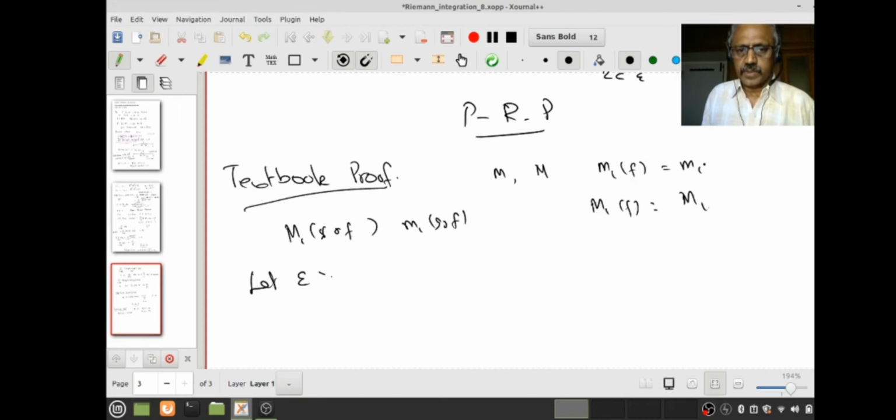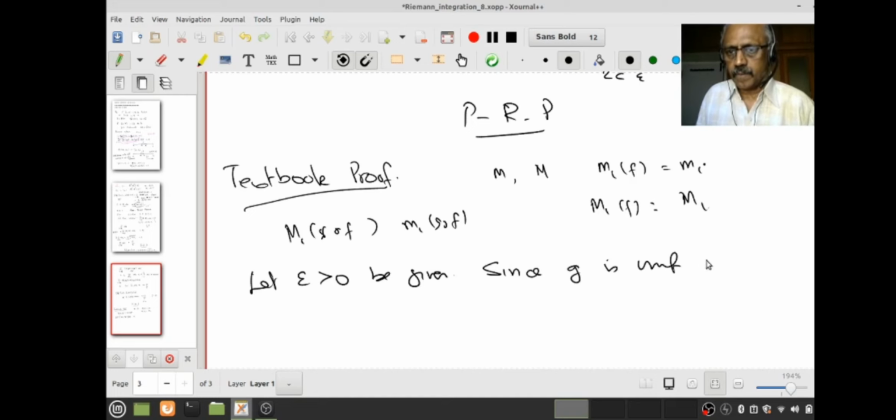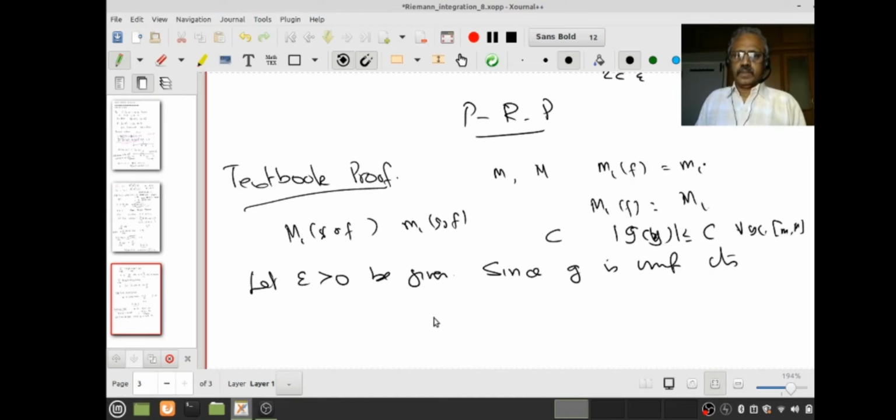So let epsilon positive be given. What is the first thing I am going to do? Since G is uniformly continuous, and we will also assume C, that is mod G of y is less than or equal to C for all y in little m to capital M. This all we will write later, if you want to write a textbook proof.